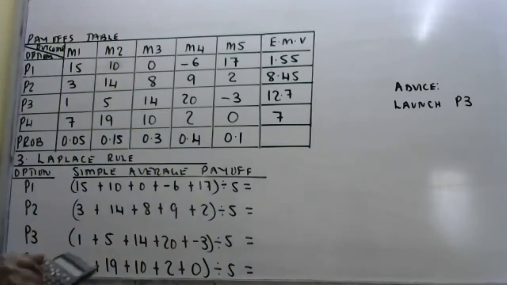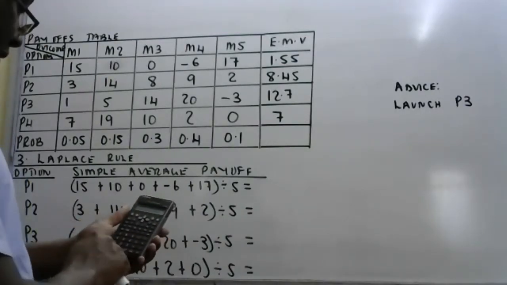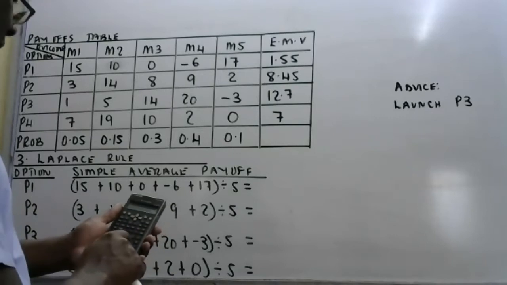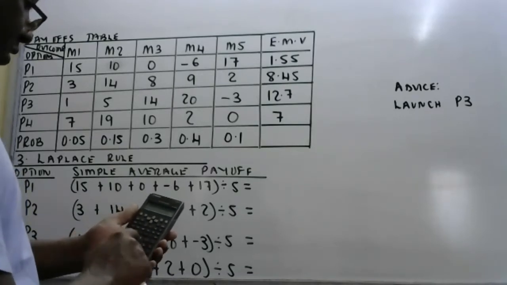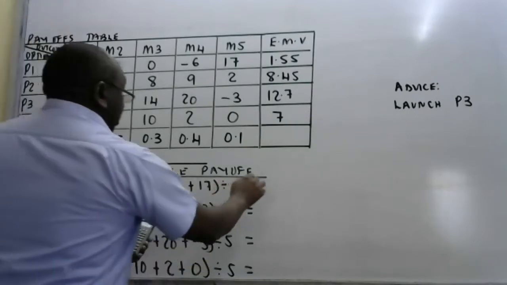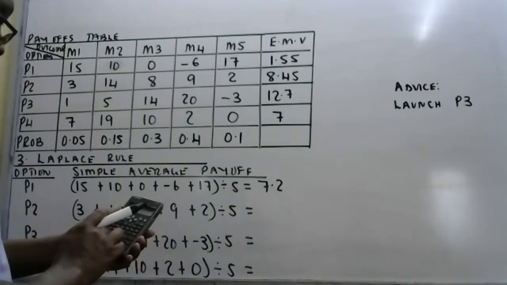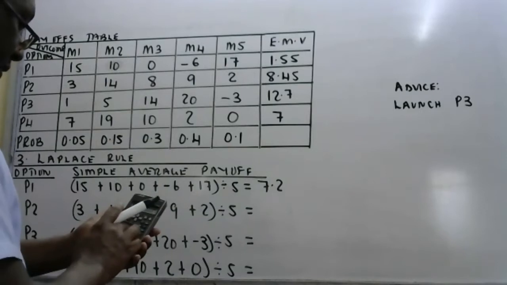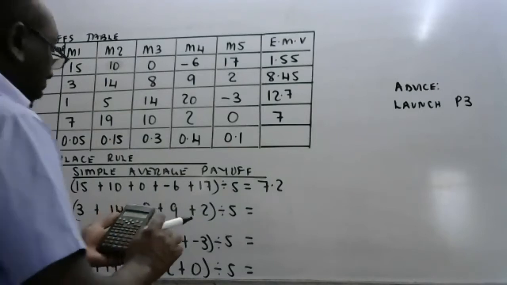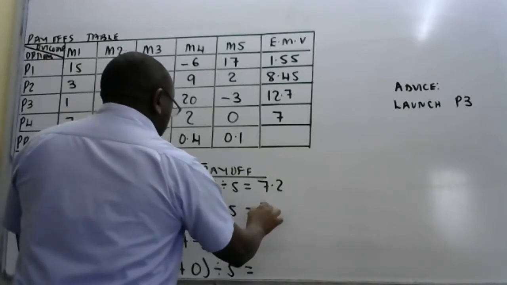So when you do that, it will be 15 plus 10 plus 0 plus minus 6 plus 17 equals, divide by 5, I'm getting 7.2. I have 3 plus 14 plus 8 plus 9 plus 2, 36, divided by 5 is 7.2.